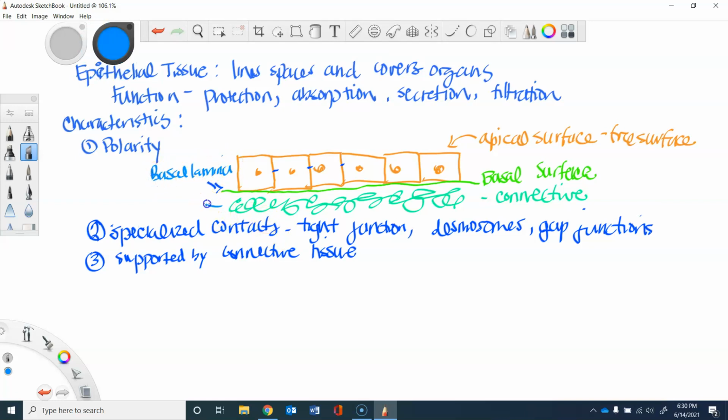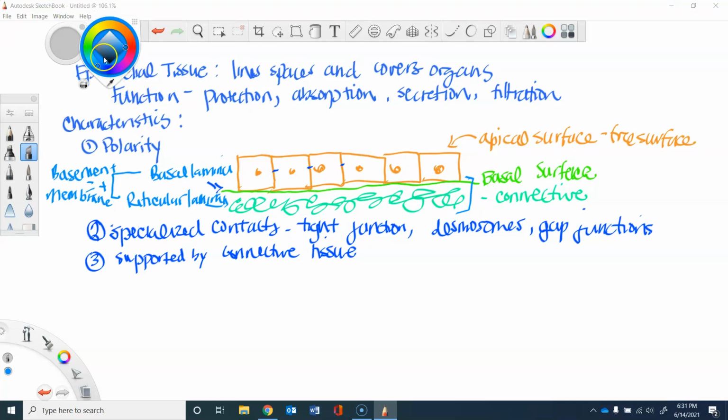And then under here, we have the reticular lamina. And those two together make the basement membrane. Okay, so this whole thing here is the basement membrane.